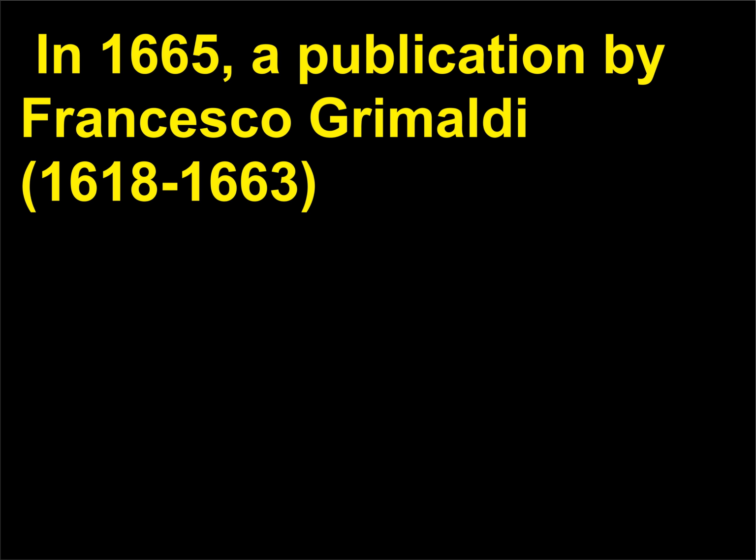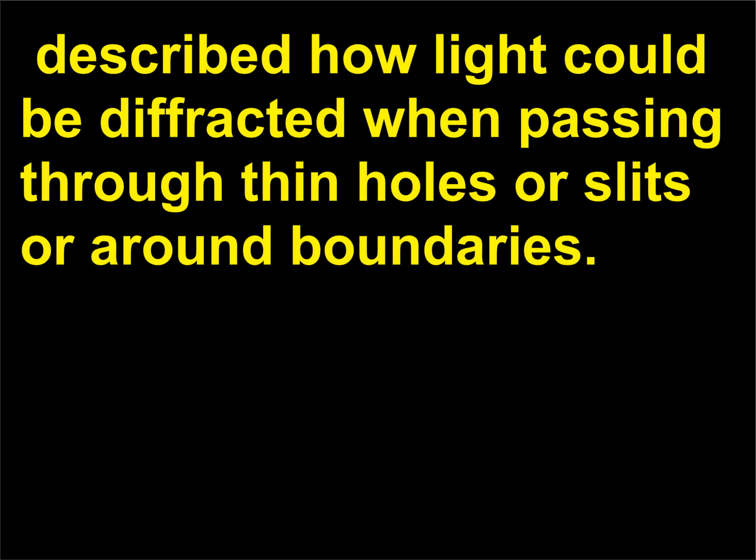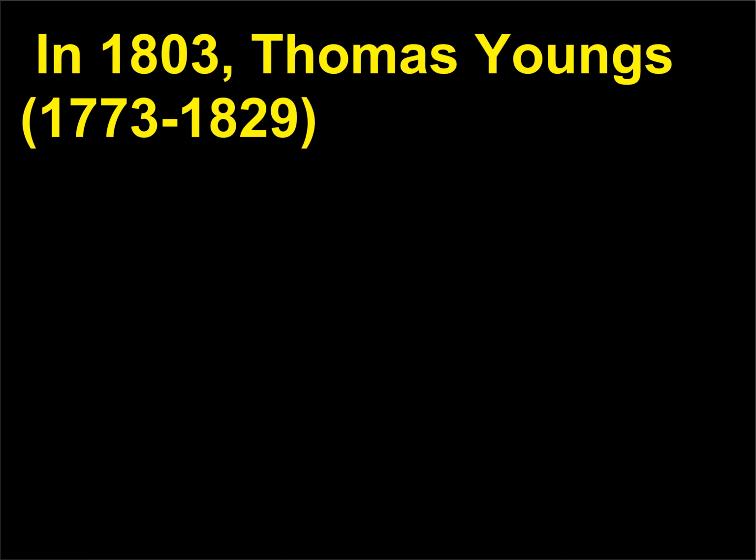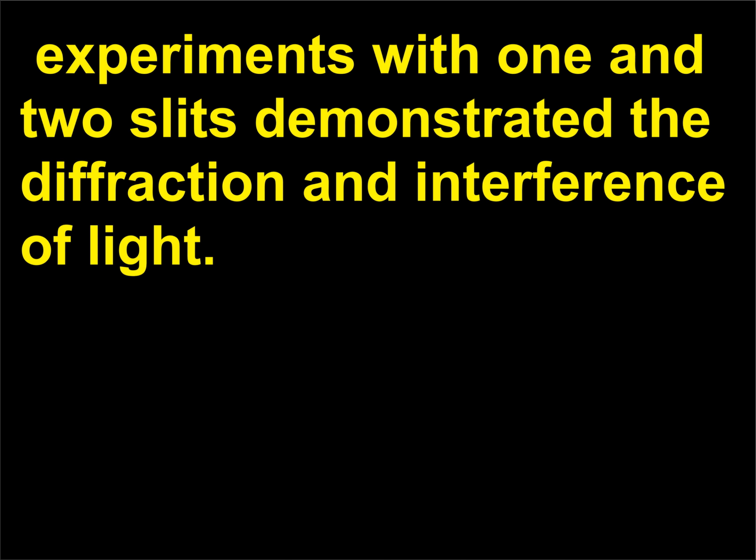In 1665, a publication by Francesco Grimaldi, 1618 to 1663, described how light could be diffracted when passing through thin holes or slits or around boundaries. In 1803, Thomas Young's, 1773 to 1829, experiments with 1 and 2 slits demonstrated the diffraction and interference of light.